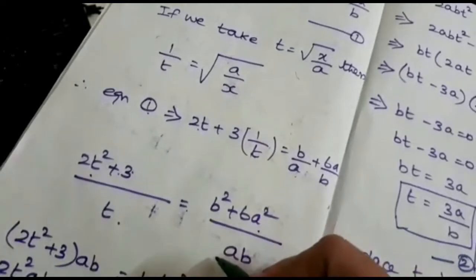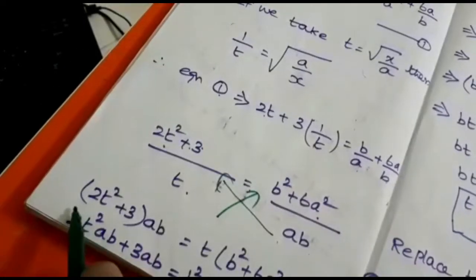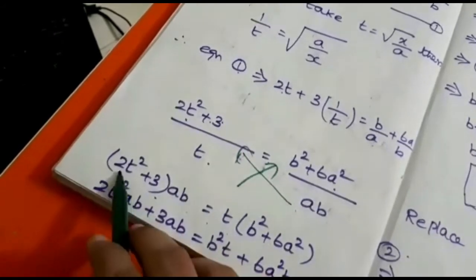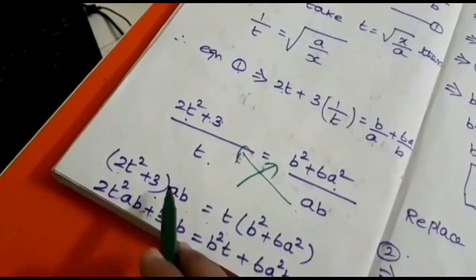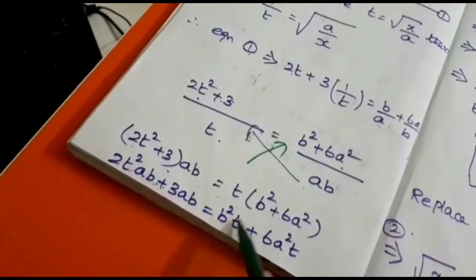So again we can multiply here. So 2t square plus 3 into AB is equal to t into b square plus 6a square. So I can multiply: 2t square ab plus 3ab is equal to b square t plus 6a square t.